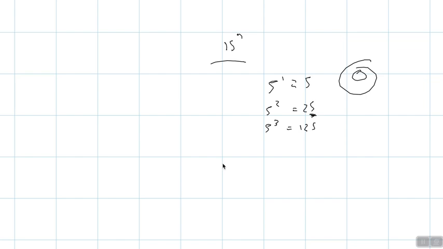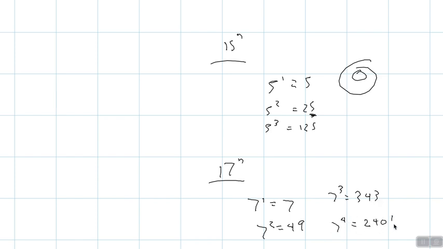Now looking at 17 to the n, so looking at 7. So 7 to the 1 is 7. And here the units digit is 1, and then it cycles over.